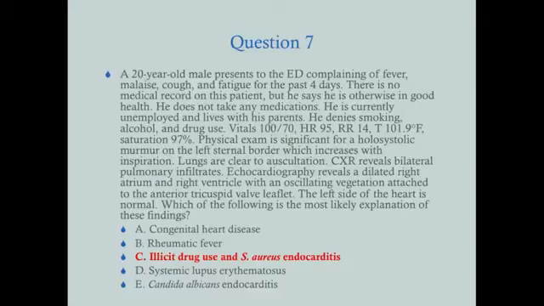Now, one of the ones that you may have looked at, and if you picked it, you did very good, but you have to take into consideration this patient, is Candida albicans endocarditis. This one, unlike the other three, could theoretically cause tricuspid valve dysfunction in this patient, but for the fact that this patient is not immunocompromised. Candida endocarditis could cause tricuspid valve dysfunction in immunocompromised patients, as well as patients with AIDS or long-term indwelling catheter placement.